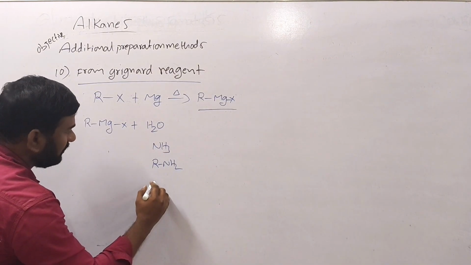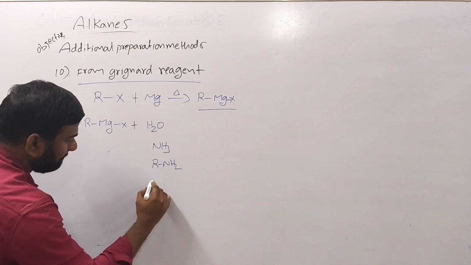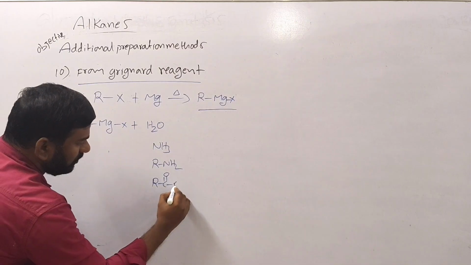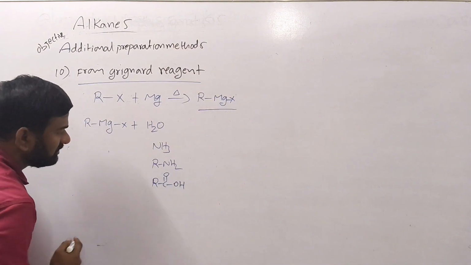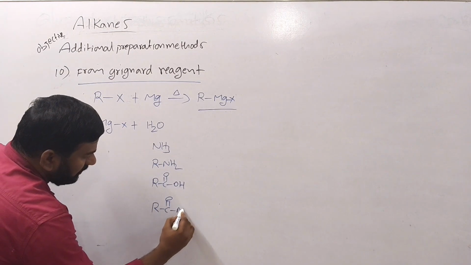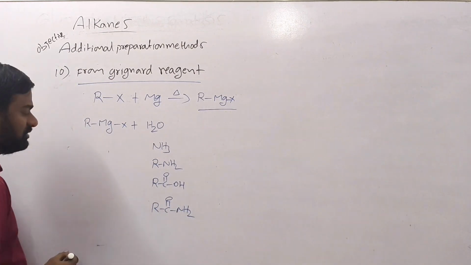Next, carboxylic acid, RCOOH, where hydrogen is attached to oxygen. Next, amide, RCONH2, where hydrogen is attached to nitrogen.